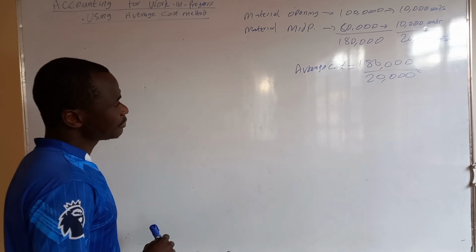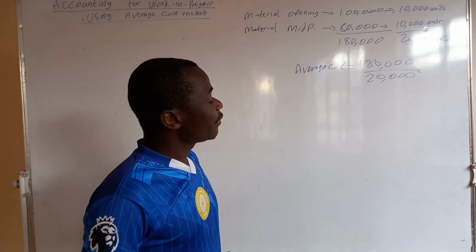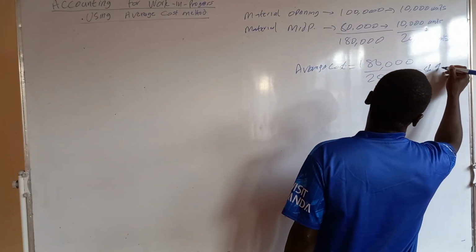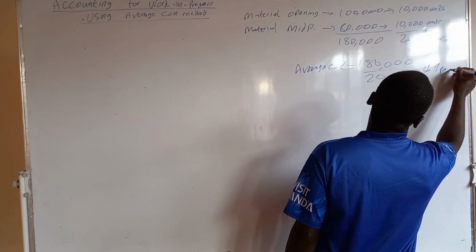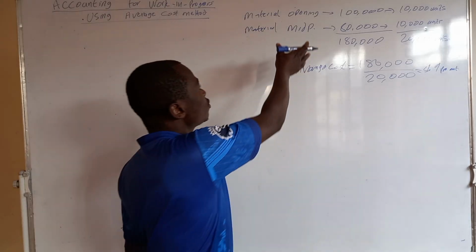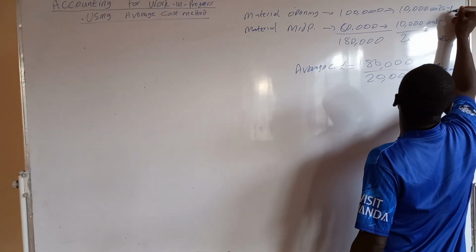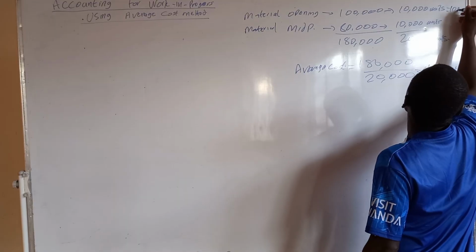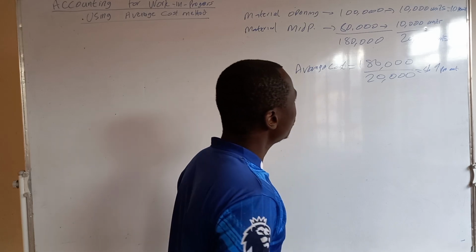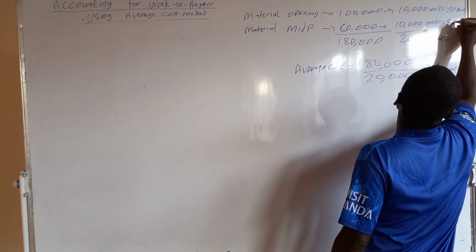That is like 18 divided by 2. So this is 9 shillings per unit. It might be per unit or per kg. But if you look very well and divide each one, this one will be 10 shillings per unit, but this will be 8 shillings per unit.